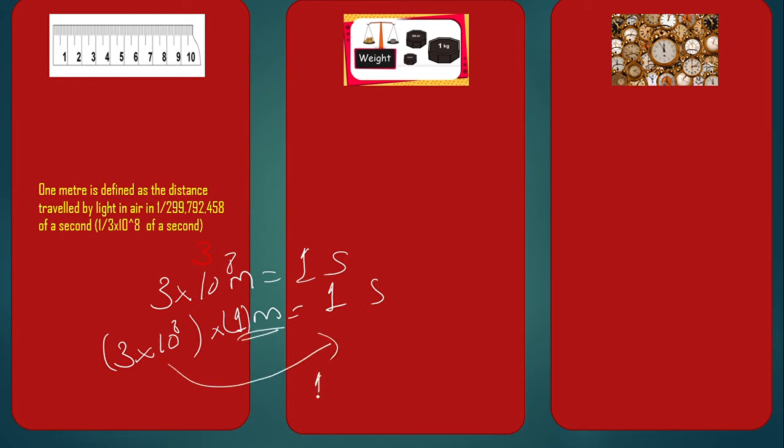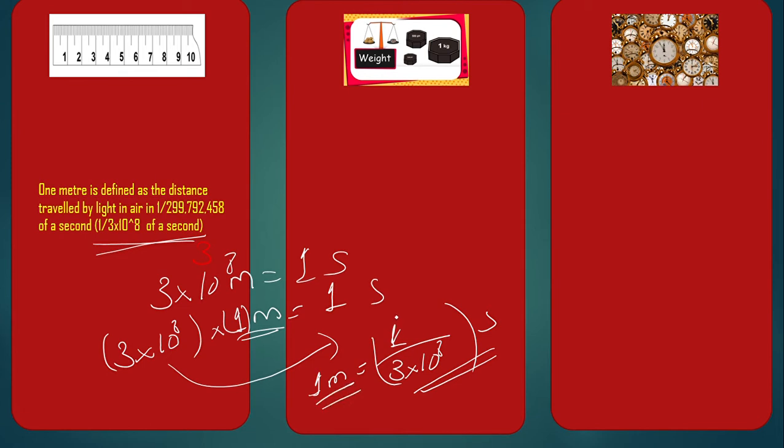It becomes 1 meter is equal to 1 upon 3 into 10 to power 8 second. This is how they find out what 1 meter is. It is based on the speed of light: 1 meter is how much the light travels in 1 upon 3 into 10 to power 8 of a second.